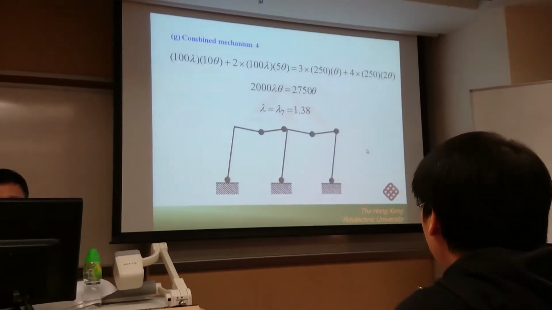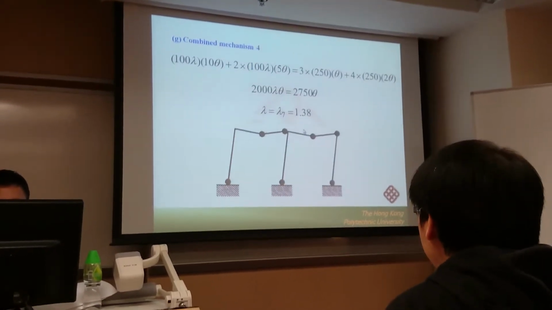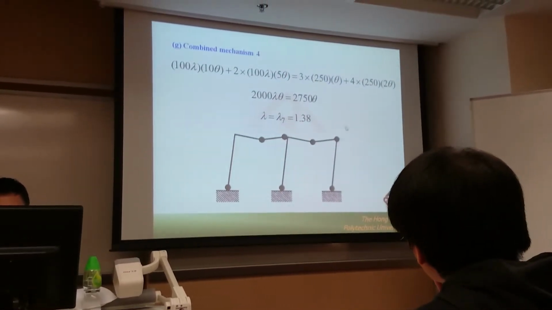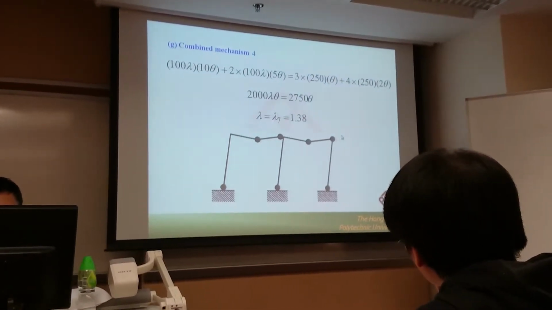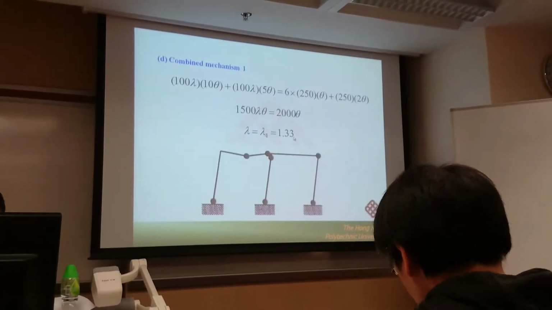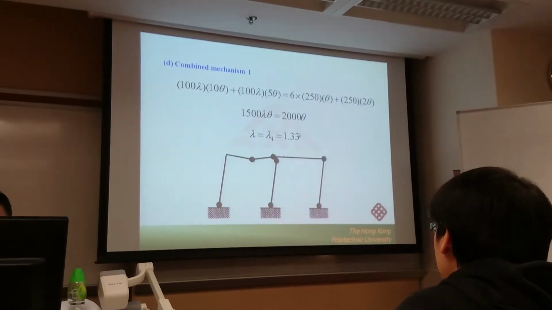Okay, load factor. And so here we just analyze several cases, and finally, you just need to compare the result obtained from all cases. The smallest one is equal to 1.33.